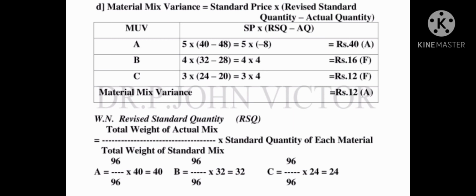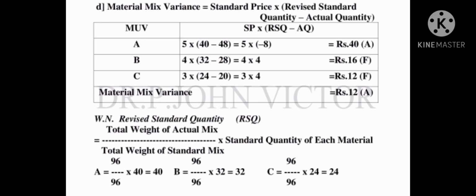This is not the exact standard quantity value, it is the revised standard value. Suppose the total mix of actual and standard are different, then the revised standard quantity value will also be different. But as both are the same, the value is as it is, like the standard quantity.